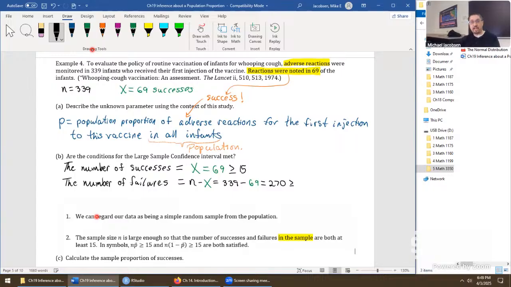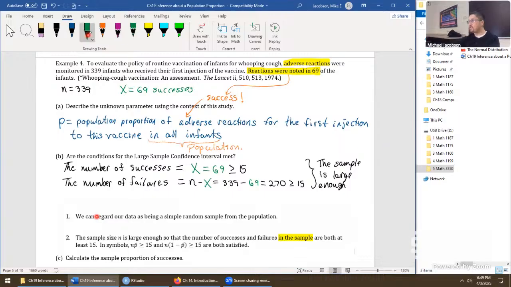Remember, failures is a good outcome in this situation. It absolutely meets the benchmark of greater than or equal to 15. So we're in good shape. So with those two conditions met, we can say the sample is large enough. So that's the major thing we want to check.